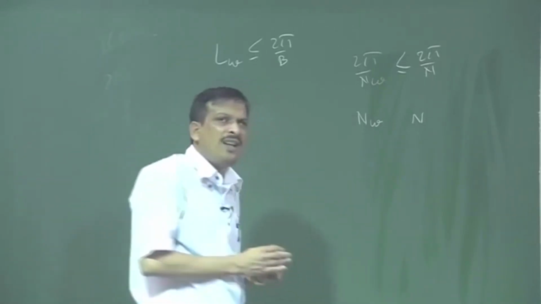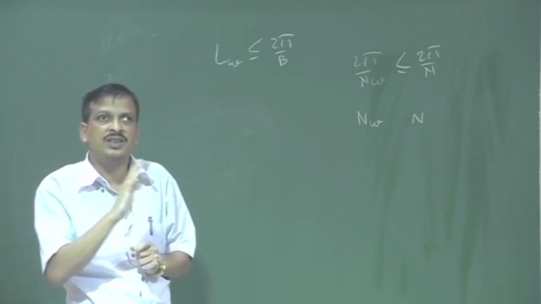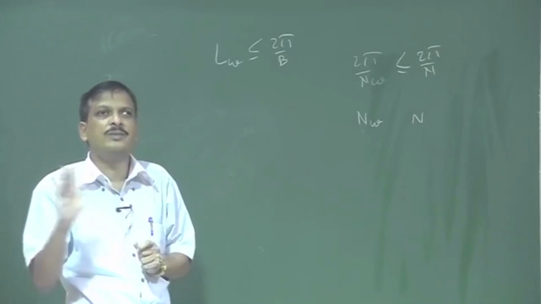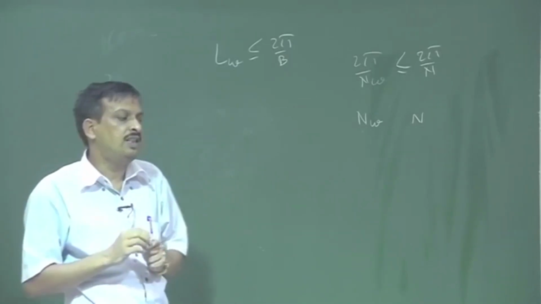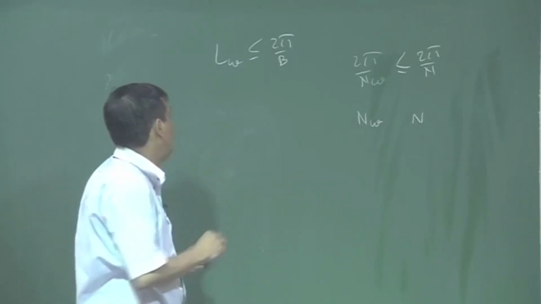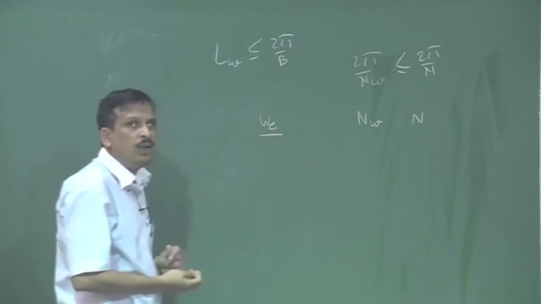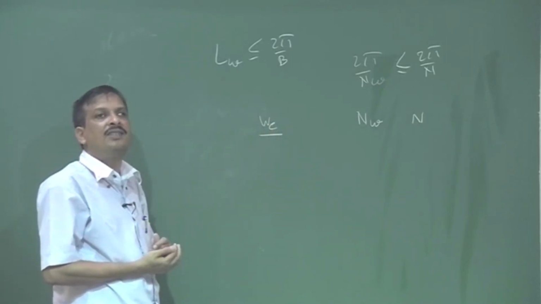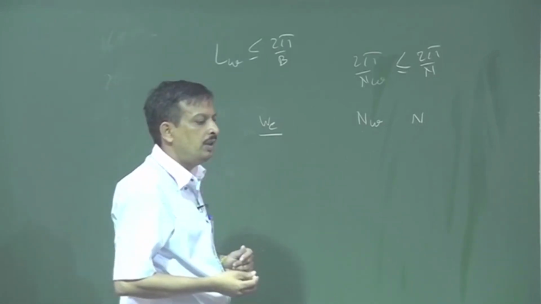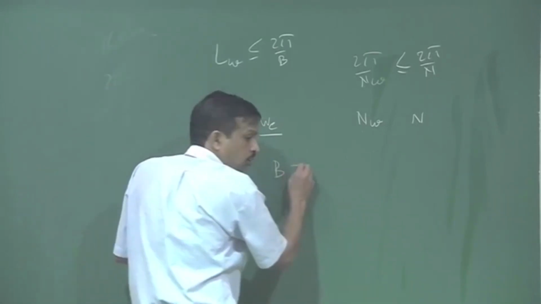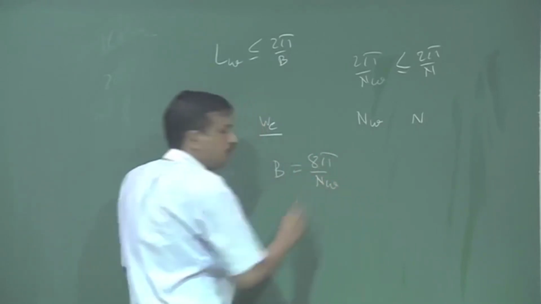So, how much dissemination in time is possible? How much dissemination in time is allowable is defined by omega c, which is the bandwidth of the analysis window. If it is a Hamming window, then bandwidth B is equal to 8 pi by NW.